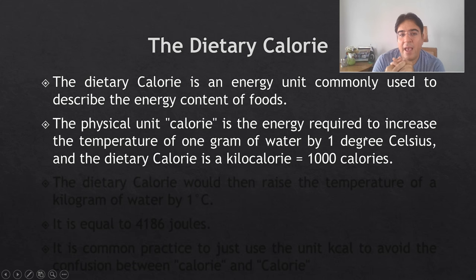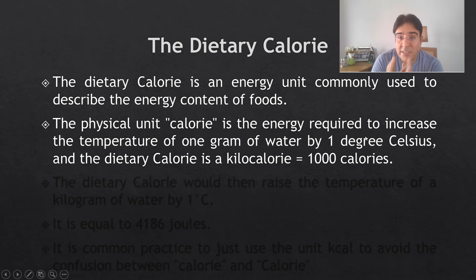And the dietary calorie with a capital C is actually 1,000 calories. So when we read food supplements or packaging, we find it's a kilocalorie or a calorie with a capital C.